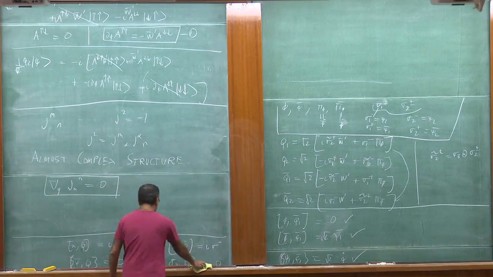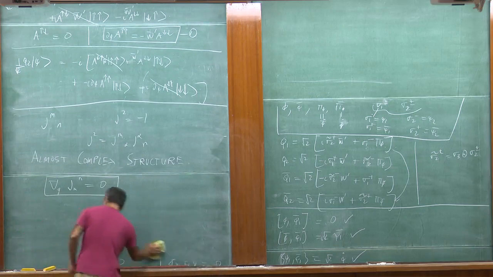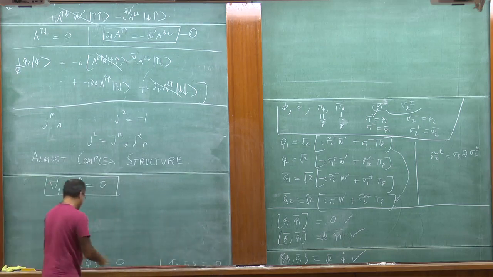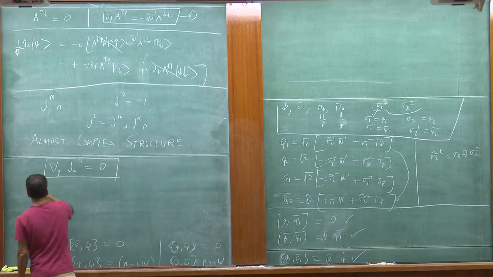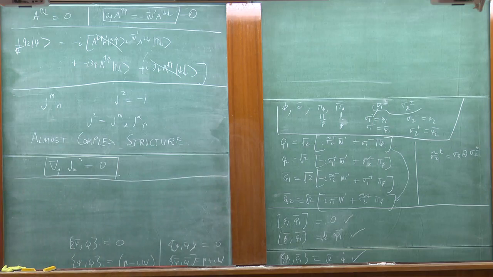Okay? Now, suppose you've got this structure here. This J, by the way, because it squares to -1, is an antisymmetric thing. It's got mn indices, it's antisymmetric.